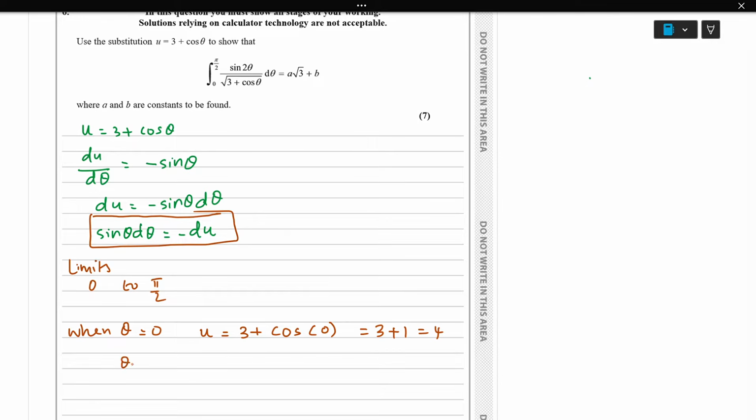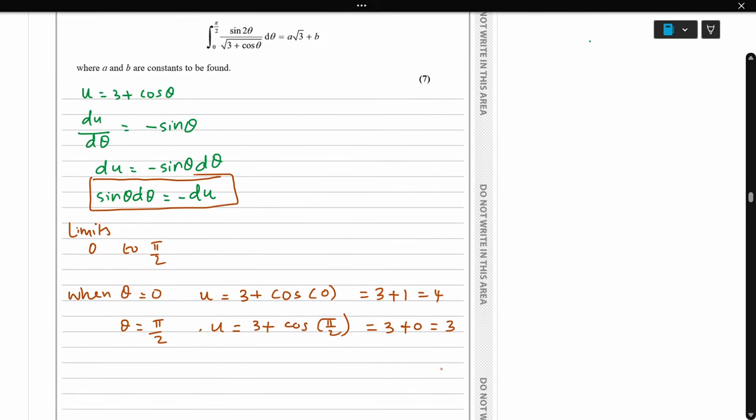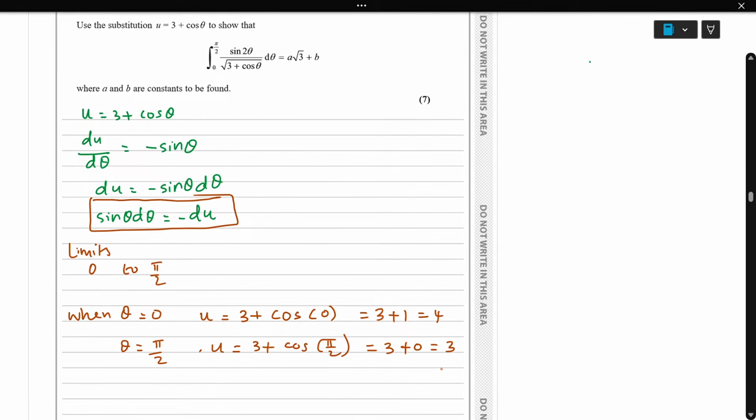Next, when theta equal to pi by 2, u becomes 3 plus cos of pi by 2, which is 3 plus cos 90, which is 0, so equal to 3. So we got the limits. Instead of 0 and pi by 2, we can use the limits 4 and 3.